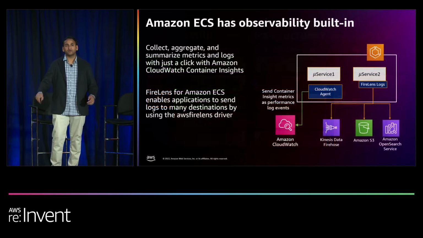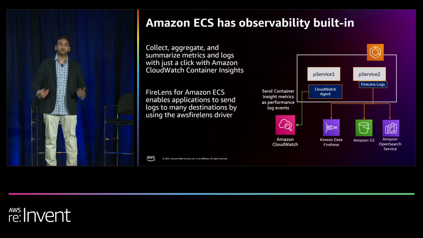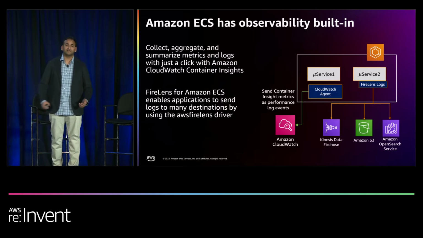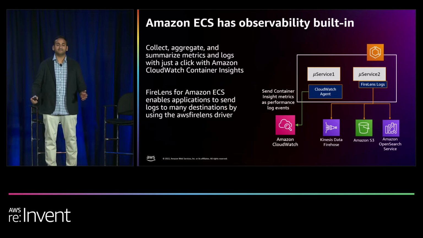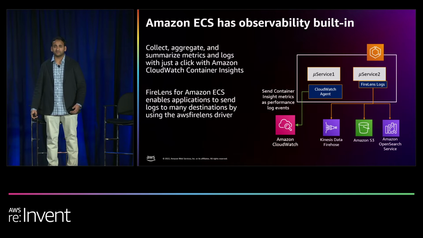Now, moving on, another key topic that I want to cover is observability. ECS brings observability out of the box. So in 2019, we launched CloudWatch Container Insights, which allows you to simply say, hey, ECS, I want observability baked in for my cluster, and ECS automatically provides application metrics for all applications running on your cluster at the granularity that you want.